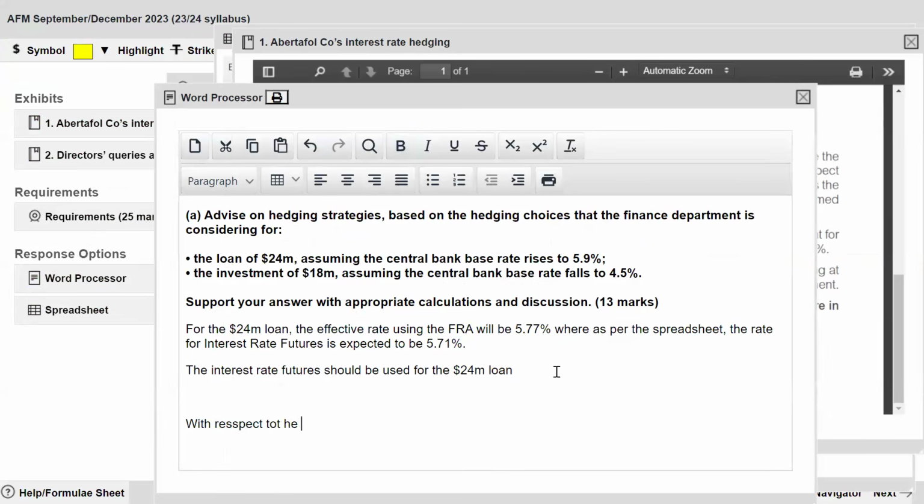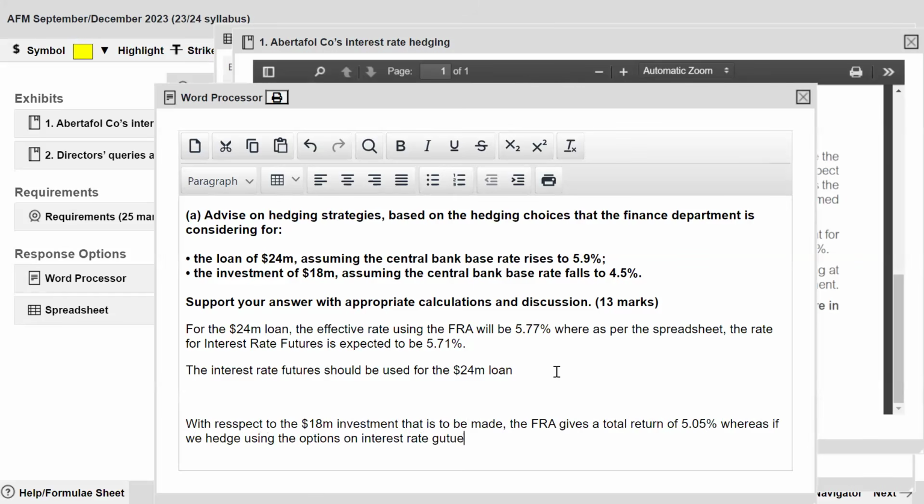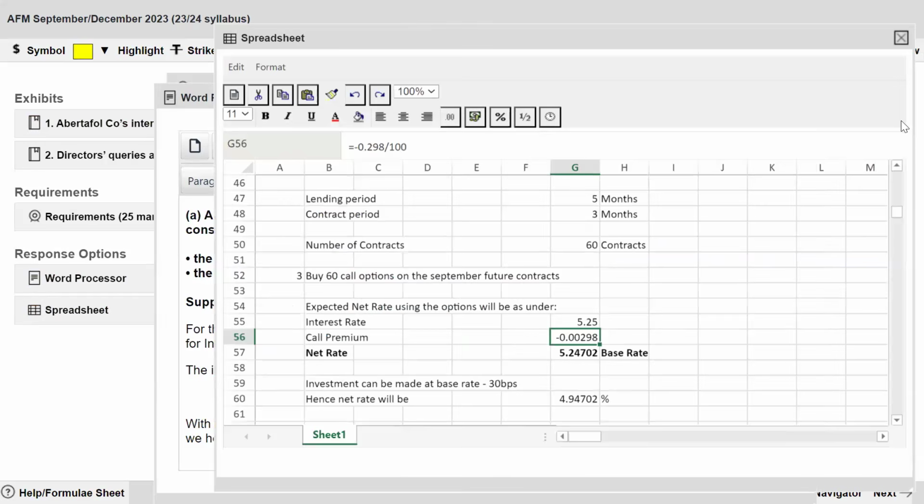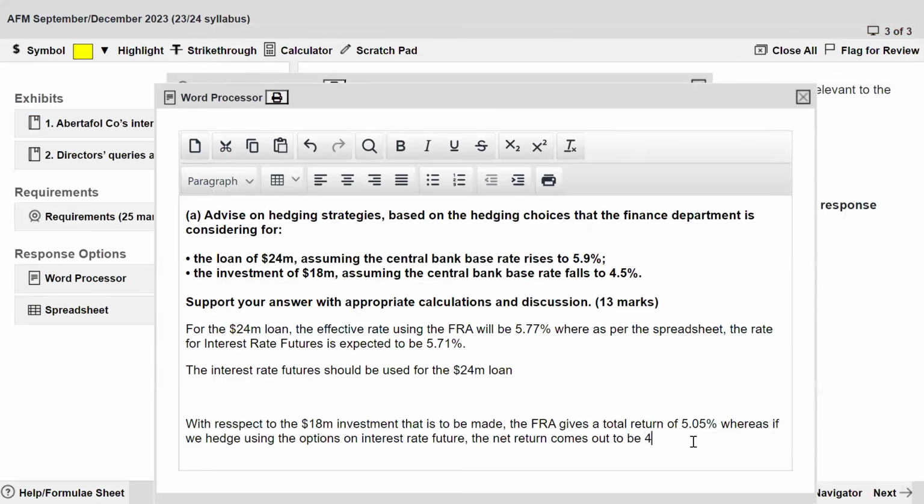With respect to the $24 million, sorry, $18 million investment that is to be made, the FRA gives a total return of 5.05%, whereas if we hedge using the options on interest rate futures, the net return comes out to be 4.947%.